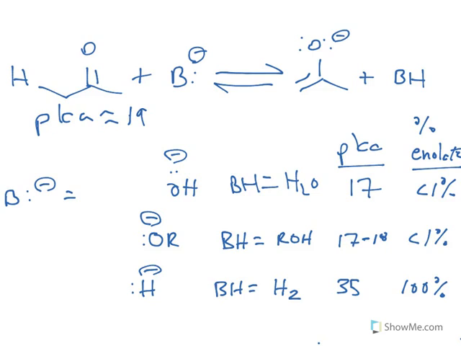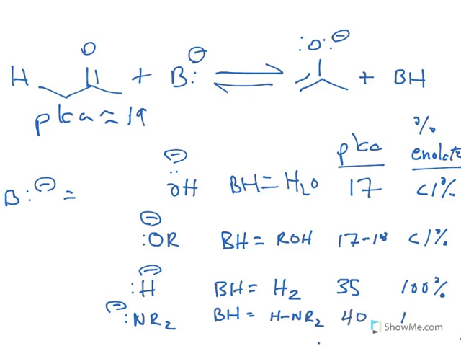Another one that is used quite often are called amide bases. What we have here is a nitrogen with two alkyl groups, and its conjugate acid would be an amine. These typically have pKa values near 40.